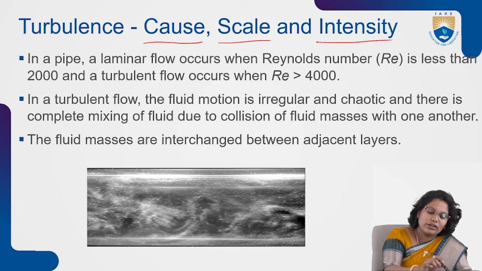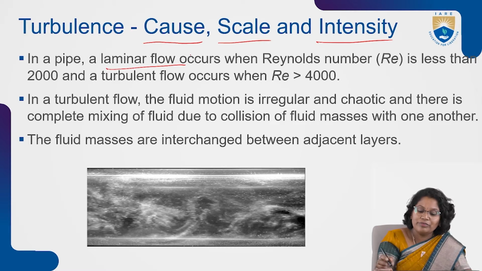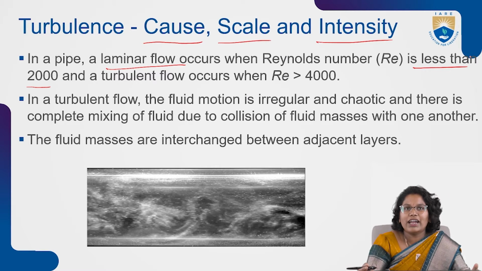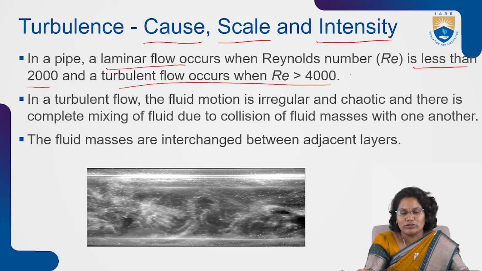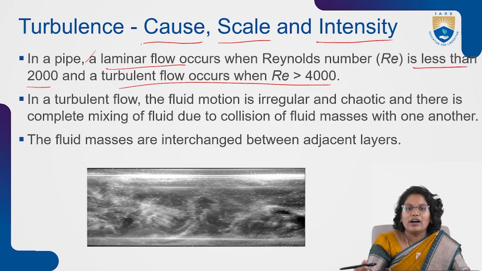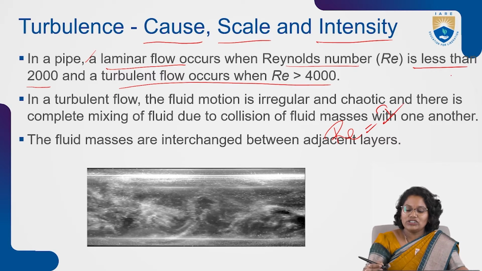As we already discussed, laminar flow has a Reynolds number less than 2000, and turbulent flow occurs when the Reynolds number is greater than 4000, right? So flow is classified based on the Reynolds number. The Reynolds number is the inertia force divided by the viscous force.